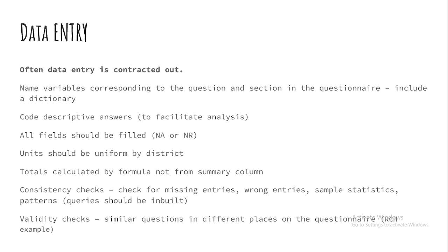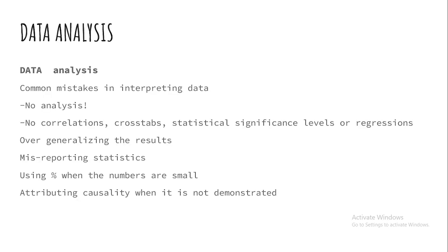Do consistency checks: check for missing entries, wrong entries, and sample out statistics patterns. Queries should be inbuilt. Do validity checks on similar questions in different places on the questionnaire. That is about our data entry. Once you've conducted your data entry, we'll move on to data analysis.